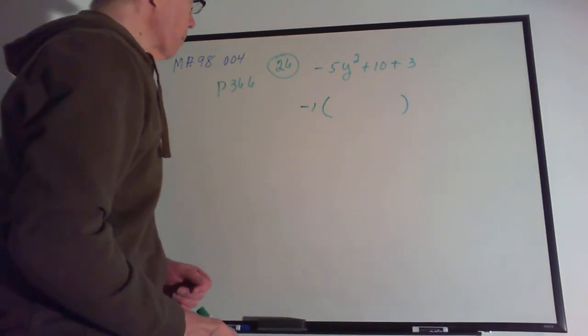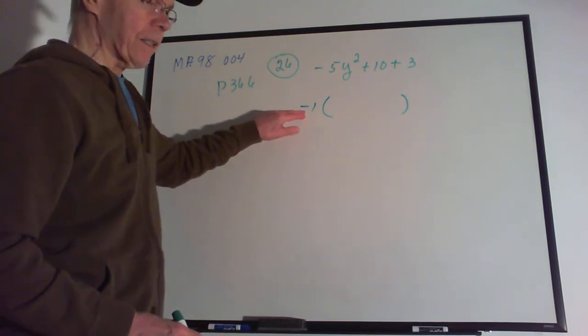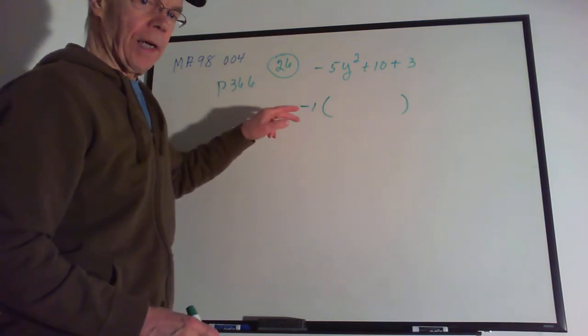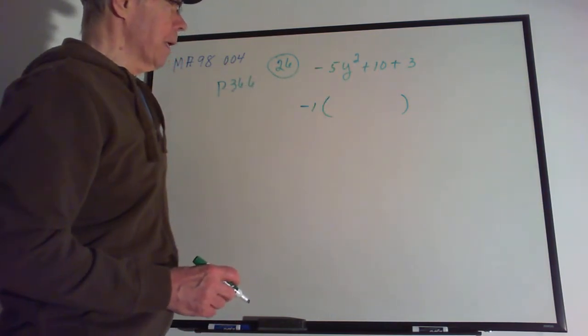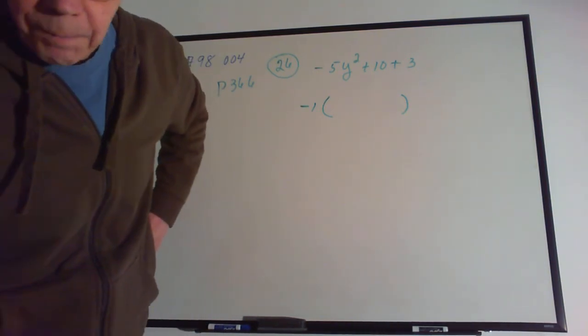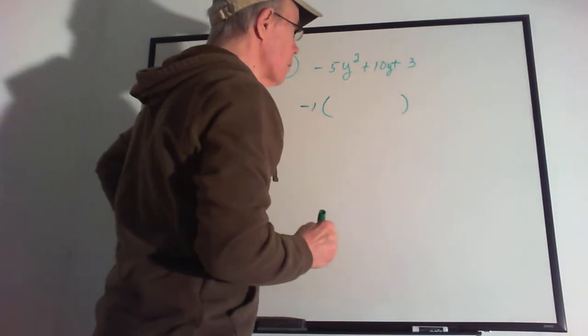I think we'll look at problem number 26. What they want you to do is to factor out -1. So -1 times whatever's inside the parentheses has to give you the -5 of the y squared plus 10y. I think that's supposed to be, yes, plus 3.